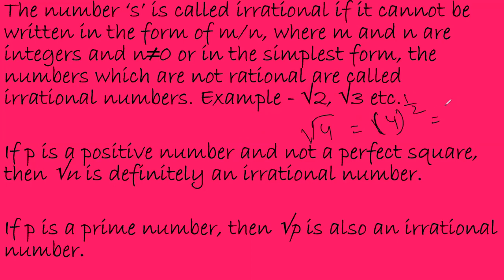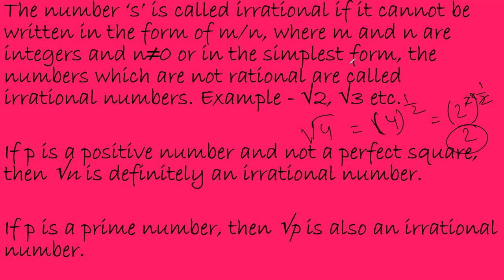And I will write 4 as 2 multiplied by 2, means 2 to the power 2, and the half is there. So this will cancel out with this, and the answer is 2 to the power 1, which is 2 only. So if you have a perfect square under the root, that number is not an irrational number, and we want a prime number in the under root. There should be a prime number inside the under root, and that number is called an irrational number.